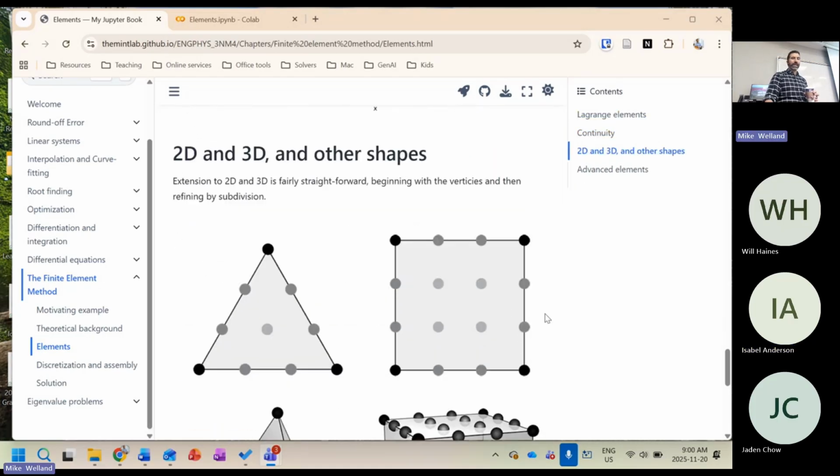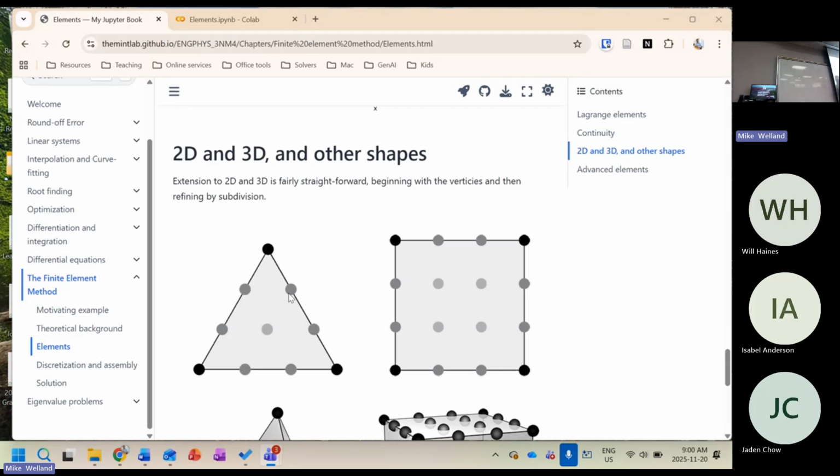Okay. Extension to other dimensions is pretty easy, at least with the Lagrange interpolation. What you end up doing is you just kind of subdivide things. If you were doing Lagrange elements order 1, you would just need 1, 2, 3. That would give you your flat surface over here, right?